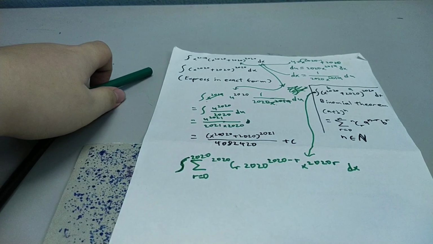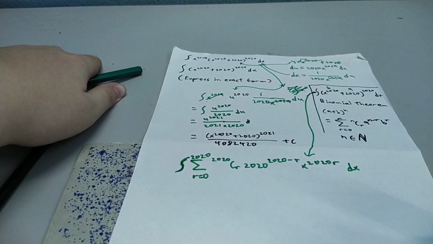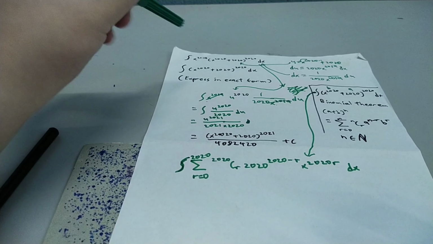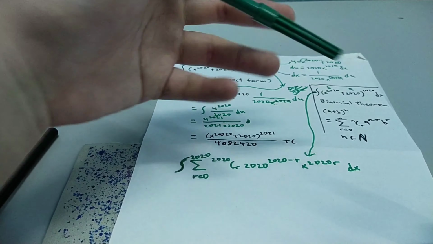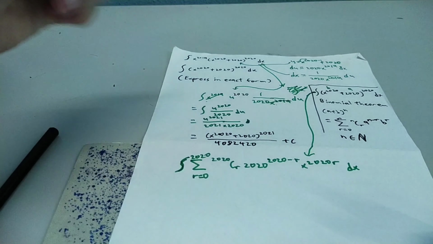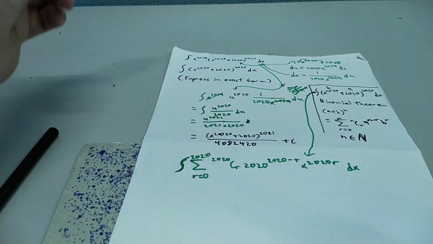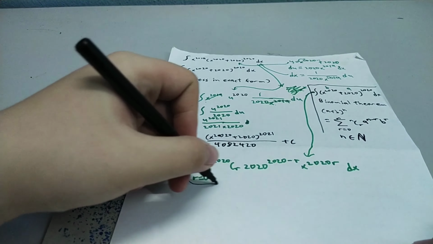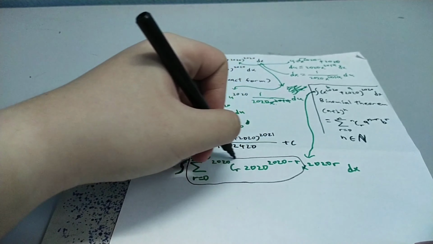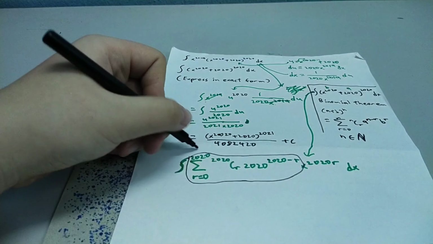So here's the problem. How can we integrate a series? Because we normally integrate something like a simple x, or some natural log, or maybe even a trigonometric function, but we never integrate a series. Well, we are going to take this whole thing outside this integral.